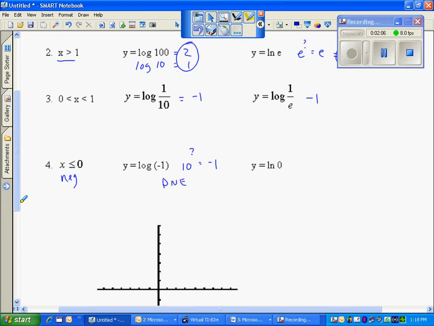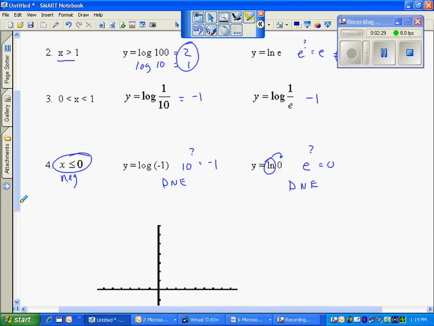And likewise, here we'll try 0, because we said it couldn't be equal to 0. e to what power is 0? What is the exponent on e such that I get 0? e to the first is e. e to the 0 is 1, not 0. So there isn't one. So we're going to say this does not exist. So it looks like my x's can never be less than or equal to 0.